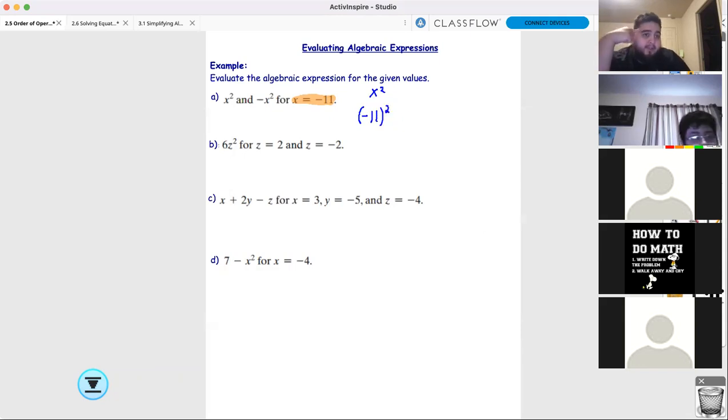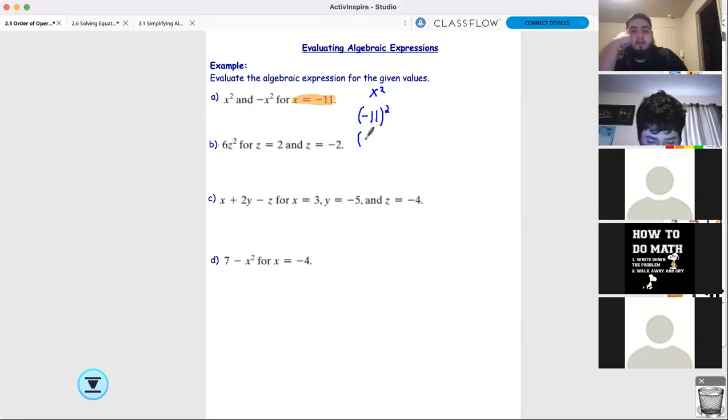Now remember the parentheses, class, since they are around the -11 and we know exponent is repeated multiplication. Can someone tell me, how do we view this expression with this value? What's being repeated, multiplied? The -11.